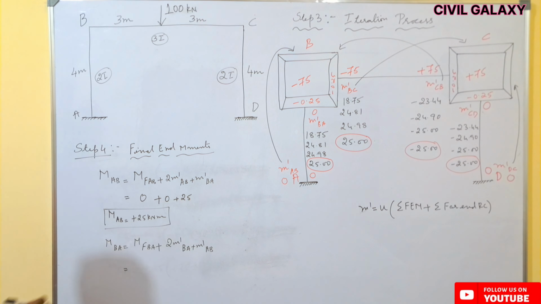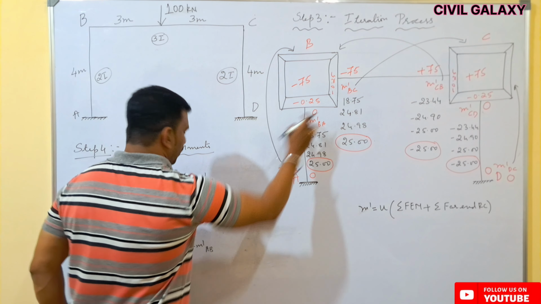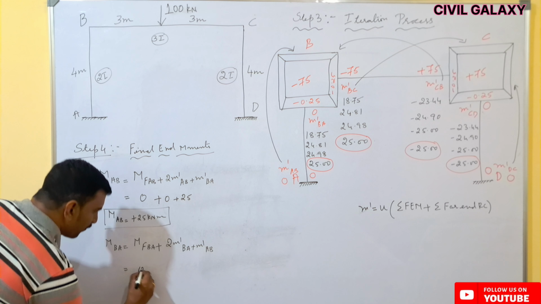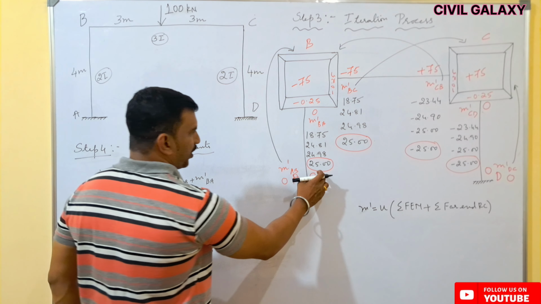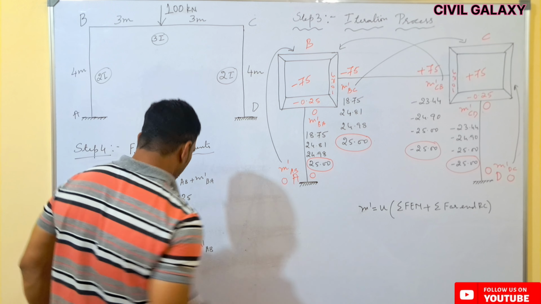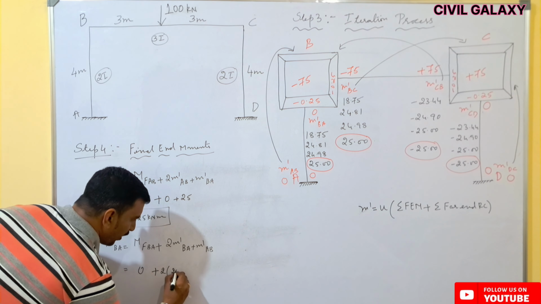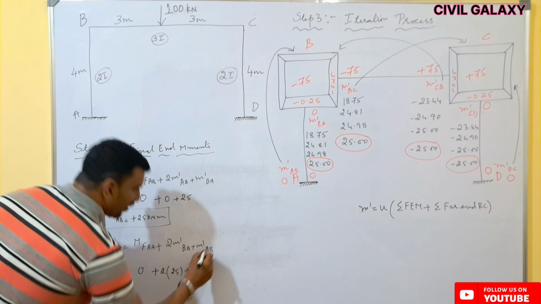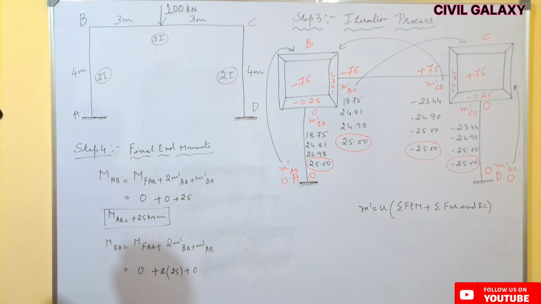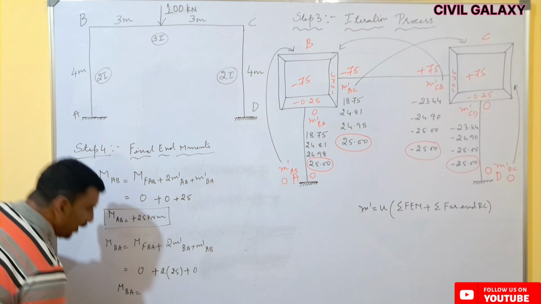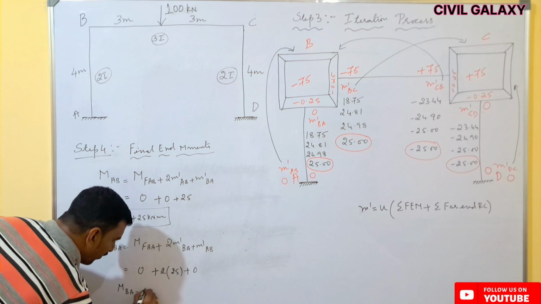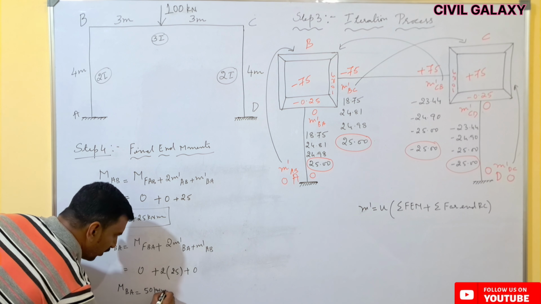So the fixed end moment FBA, here we have got 0, plus 2 times the rotation contribution about the near end, that is 25 M dash BA, plus M dash AB about the far end, which is 0. So the final end moment from B to A will be equal to 50 kilonewton meters.